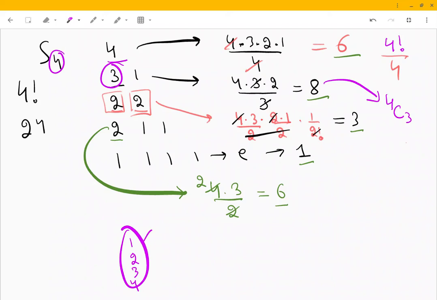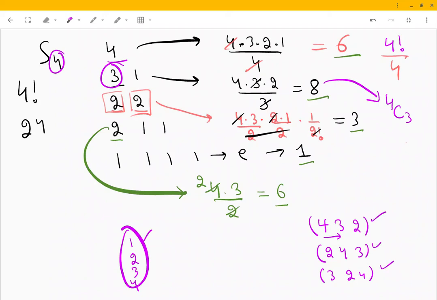For example, I'll take just one example. This cycle, 4, 3, 2. This three cycle, then we shift one place. 4, 3, and 2 shifts up front. This. And then 3, 2, 4. These three are not separate elements.